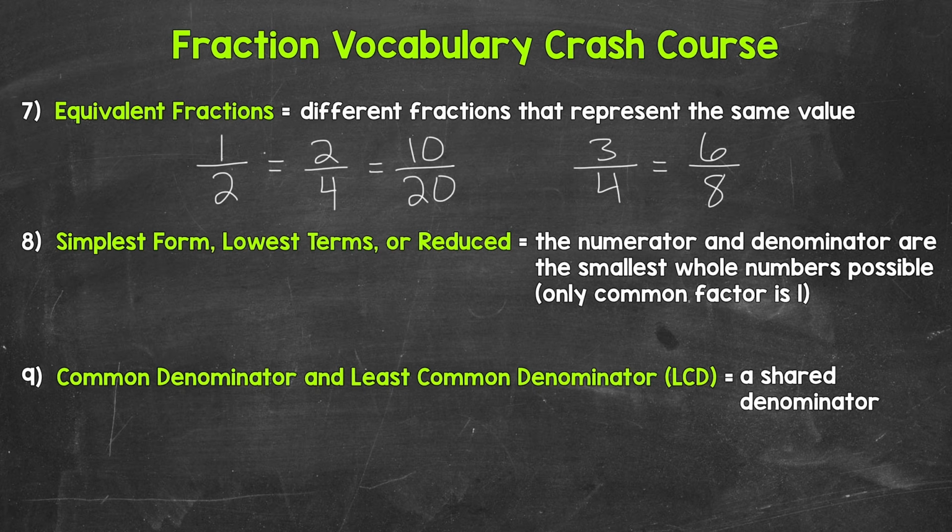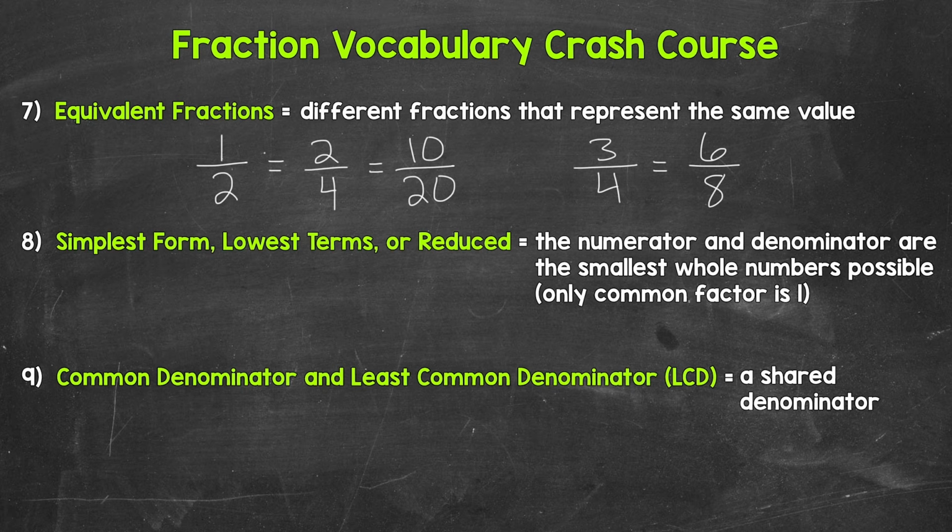Let's move on to simplest form, lowest terms, or reduced. So whenever we hear simplify a fraction, put a fraction in lowest terms, or reduce a fraction, they all mean the same thing. So something to keep in mind. I typically use simplify, but the others are common as well.